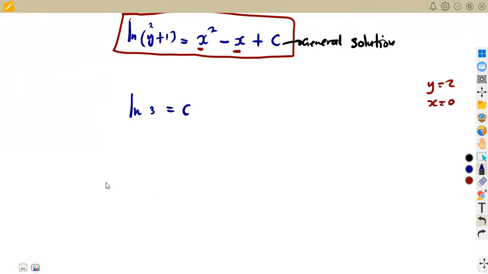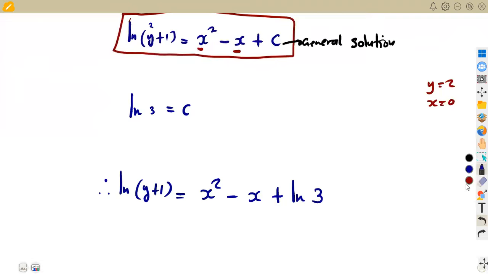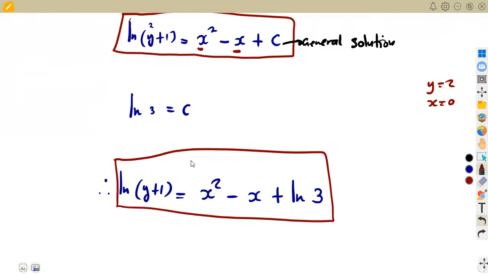So therefore, we can conclude to say that the ln of y plus 1 is equal to x squared minus x plus the constant, which in this case is the ln of 3. So this now that we have just determined here is our particular solution.